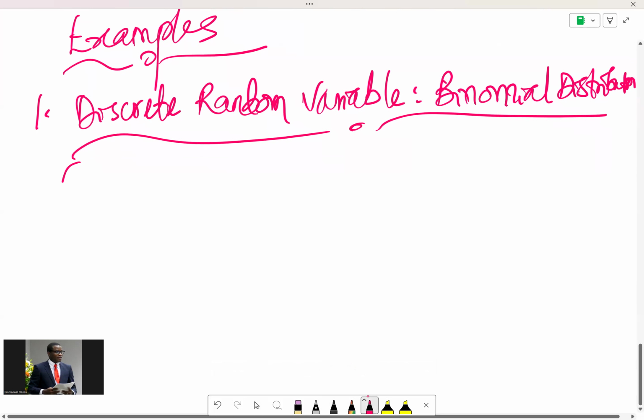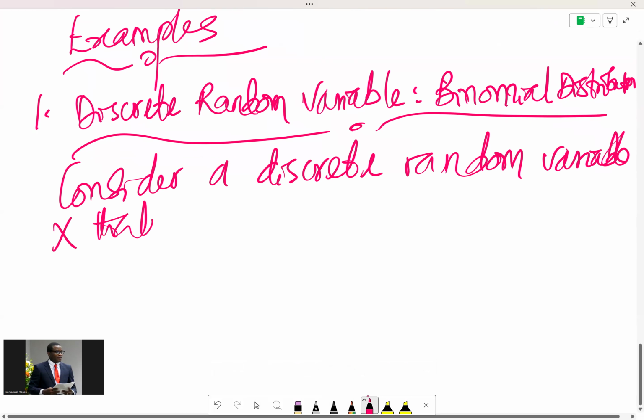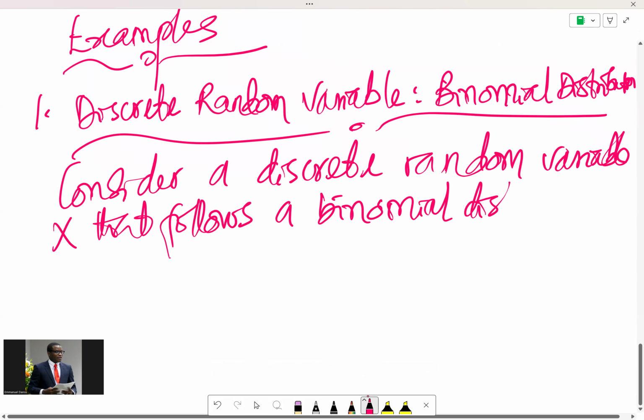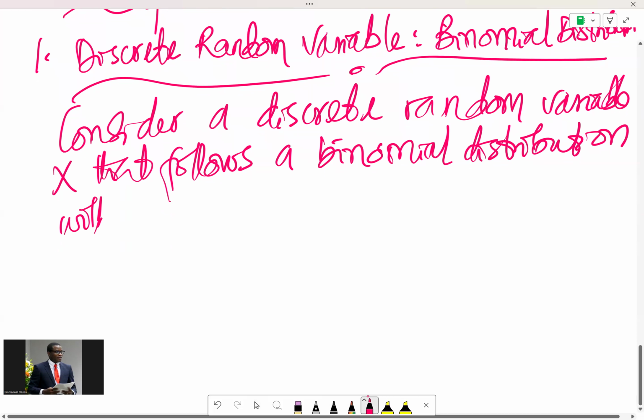So here, consider a discrete random variable x that follows a binomial distribution with parameters.